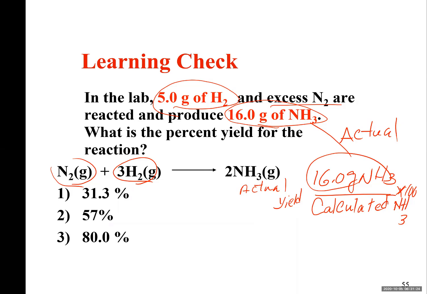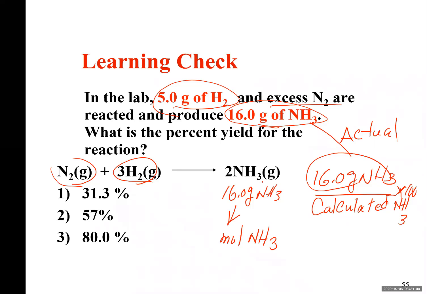That means I have to start with grams of NH3. Is it 16 grams? And I have to go to moles of NH3. And then I convert moles of NH3 to moles of H2.